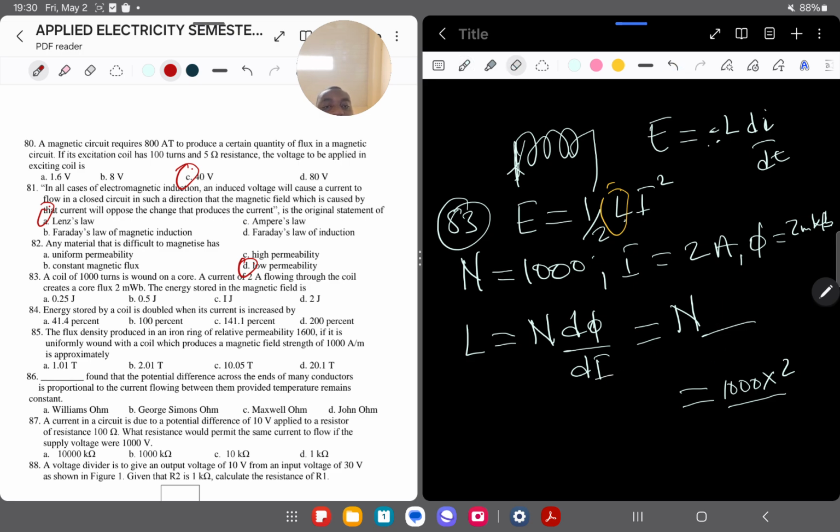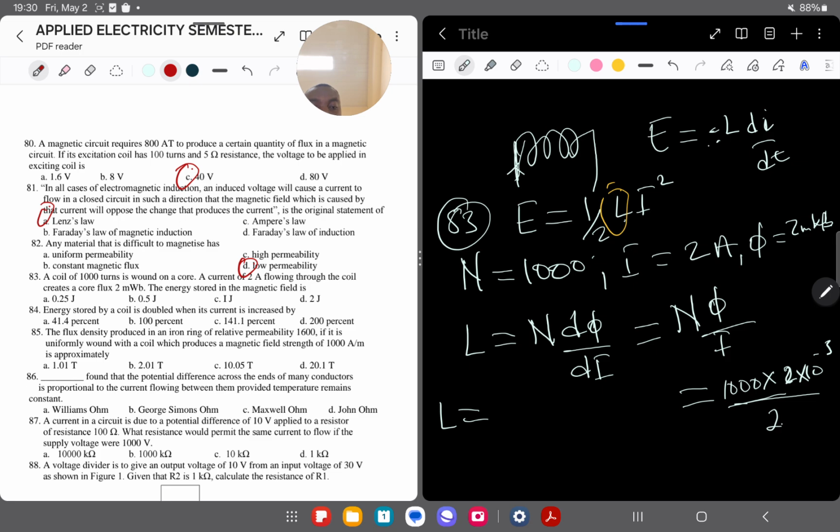So this becomes flux over what? Current. So here is supposed to be the flux, which is 2 milli, that is 2 times 10 to the power minus 3, over current, which is 2 amps.